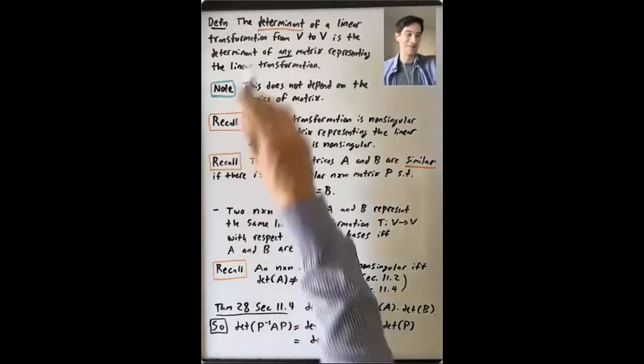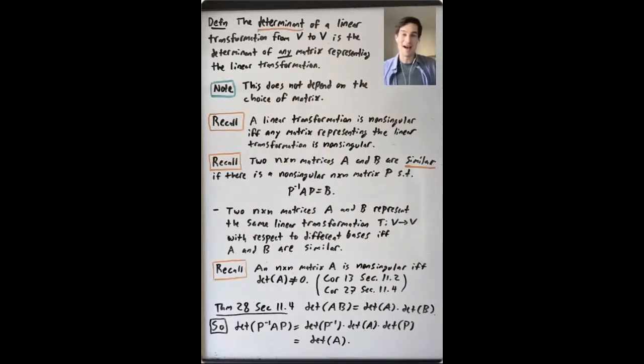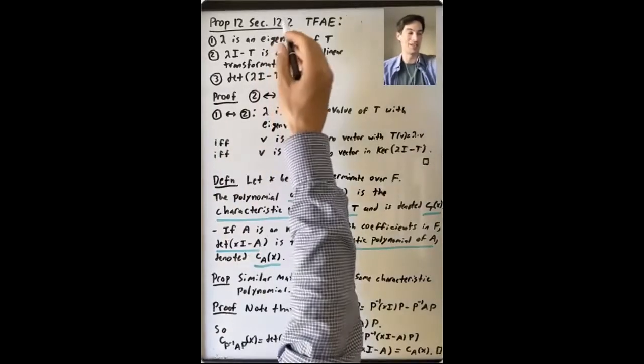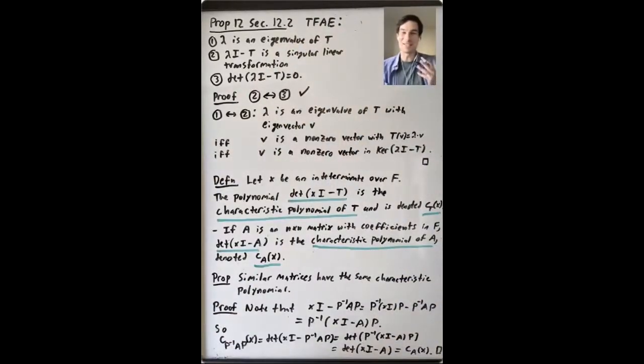Okay, so now that we've recalled some of this stuff, we'll give some equivalent conditions for lambda to be an eigenvalue of a linear transformation. We next want to state and prove proposition 12 from section 12.2, which says the following 3 things are equivalent.